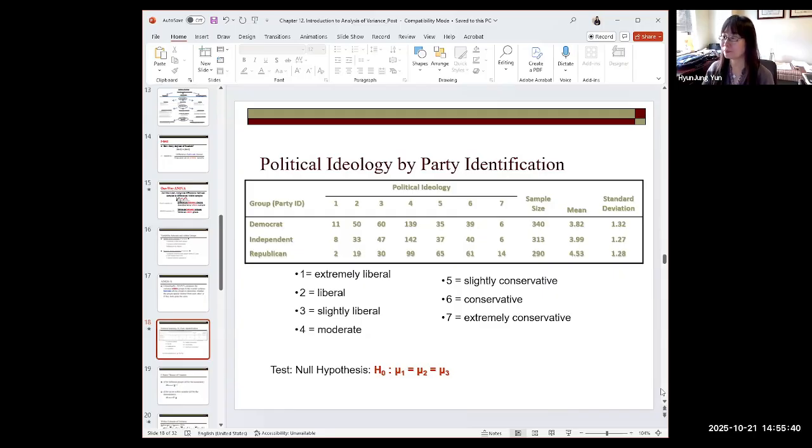So let's measure three different partisan groups and how their political ideology varies.